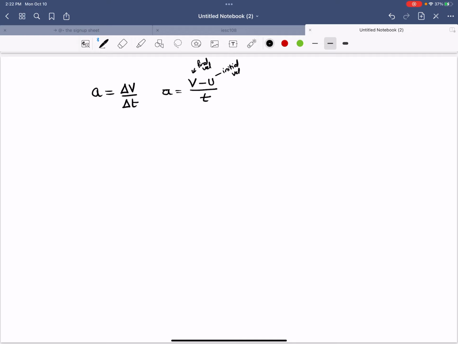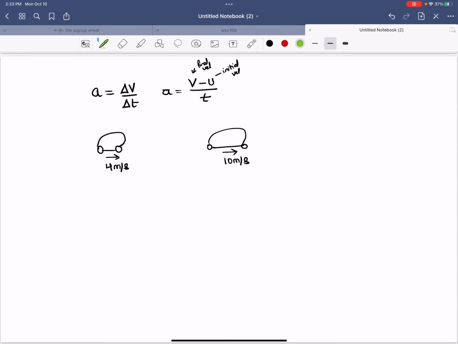Let's do the same thing that we did last time. Let's say there's a car which is moving at 4 meters per second, and it goes to 10 meters per second after a while, and it's moving to the right. The first question is, is the velocity positive or negative?